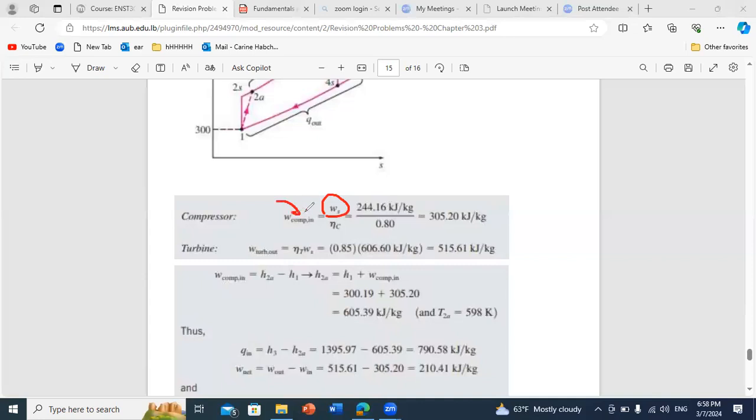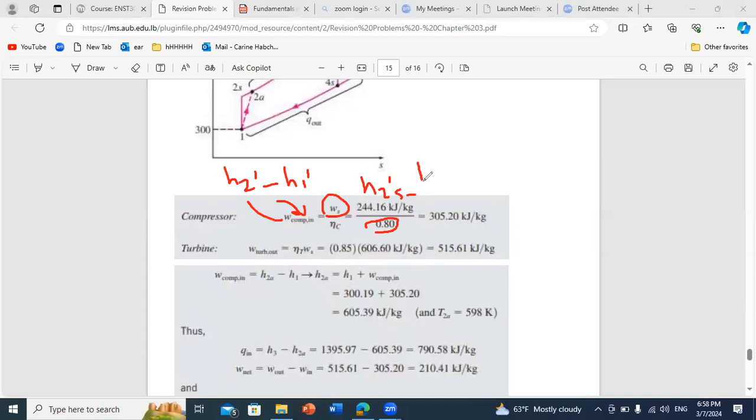So W compressor real is W isentropic over the efficiency, which is 0.8. And this is what we did, because what is W compressor real? We said it's H2 prime minus H1 prime, okay? While W ideal is equal to H2 prime S minus H1 prime.